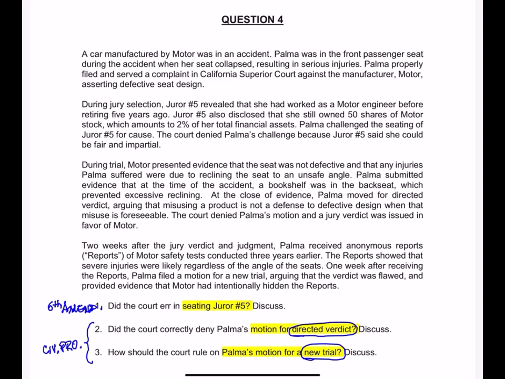So they've given us a products liability lawsuit, and they've also now told us that we need to respond with California civil procedure and not federal civil procedure. So call 1 is also within California civil procedure.